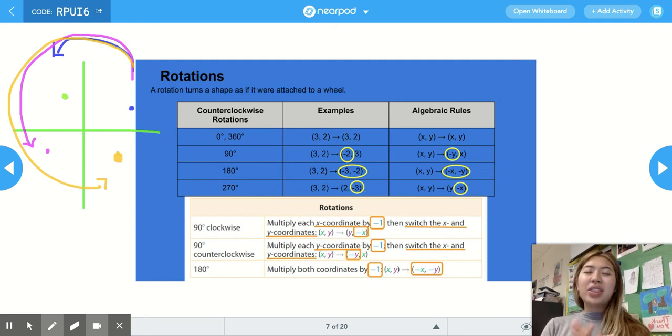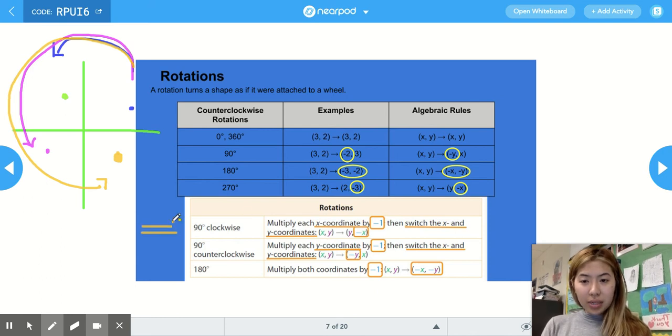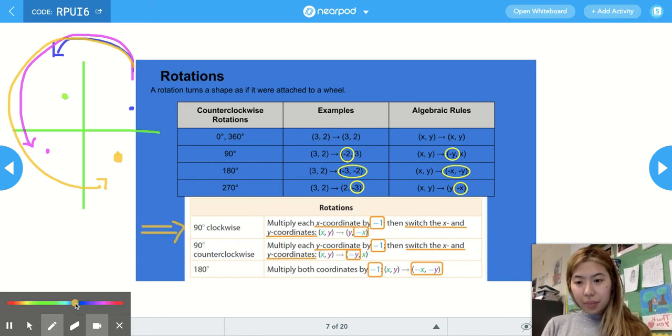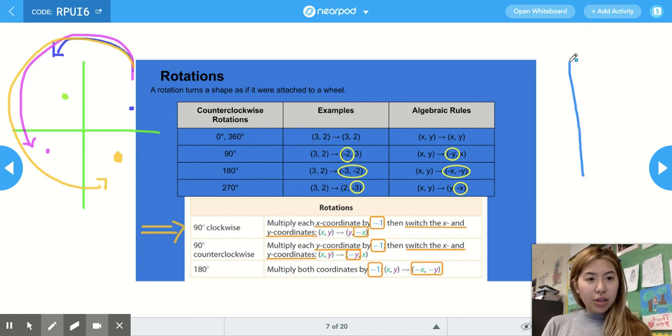And then on top of that, if you rotate it clockwise, this rule right here, I'm going to demonstrate it. I'm going to draw another coordinate plane. Imagine that these are straight lines, of course.